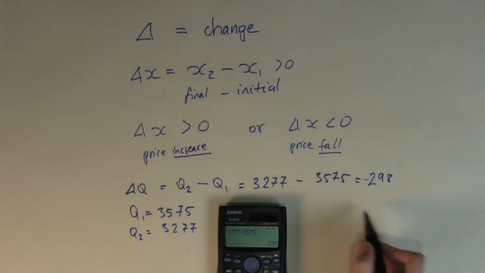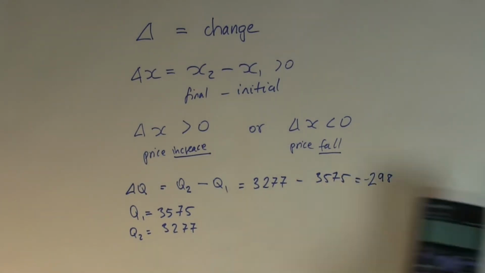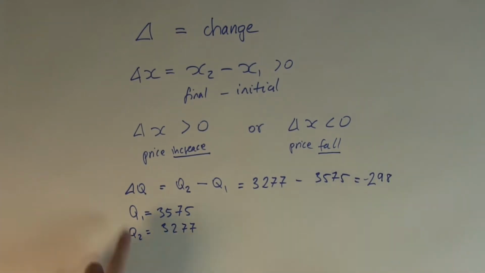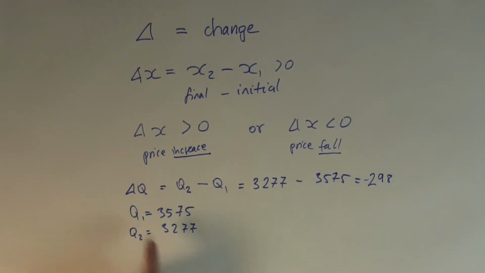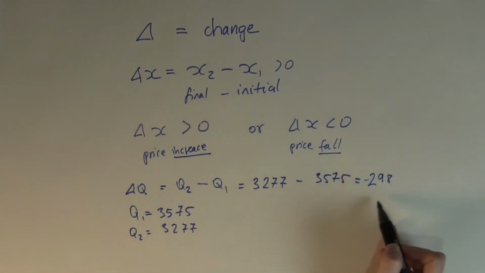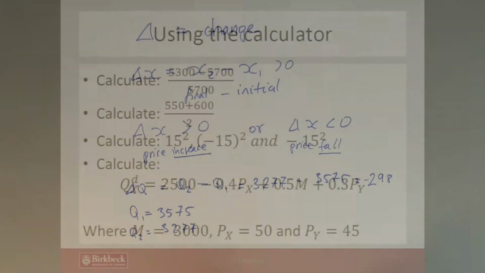Now, what does it tell us? Well, it tells us the obvious, which we would already know by just looking at the quantities, that the demand has dropped from 3,575 to 3,277. So remember, every time you see a negative change, that means a fall, a decrease, or a drop.